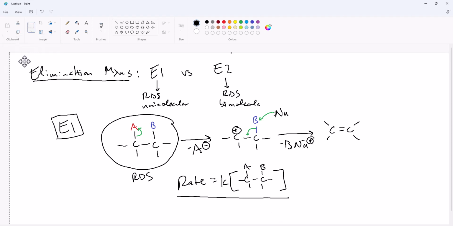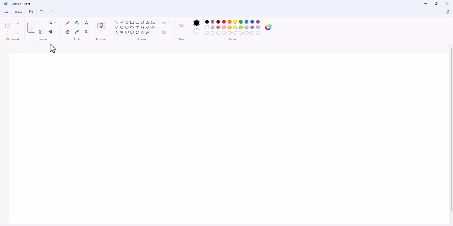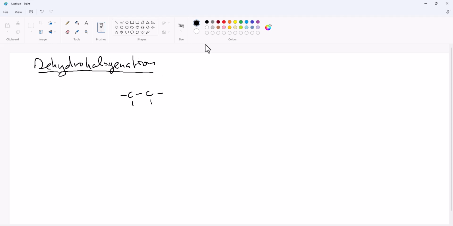So let's look at what this would look like for both dehydrohalogenation and for dehydration of alcohol. Let's examine dehydrohalogenation first. Specifically, in dehydrohalogenation, we have C-C, and on one carbon we have a hydrogen, and on another carbon we have an X. Now the first step is, as described before, we have X leave.